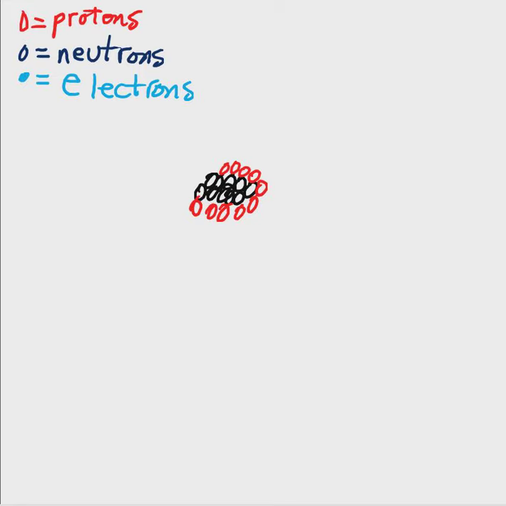The mass units for protons would be about 2,000. The mass units for neutrons would be about 2,000. And then the mass units for electrons would be 1.